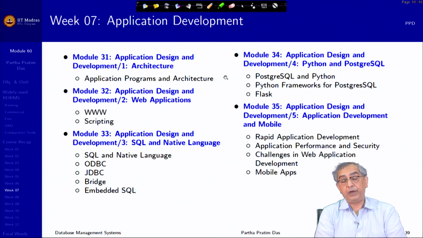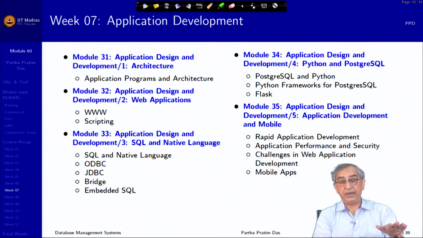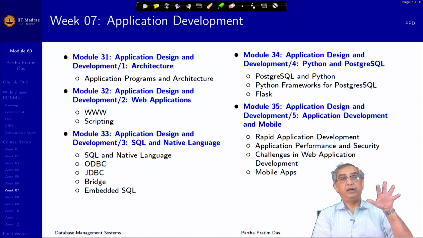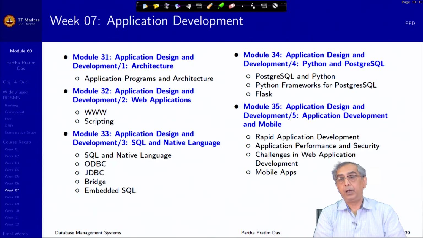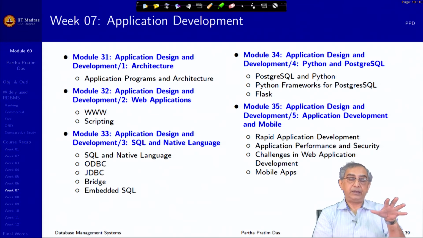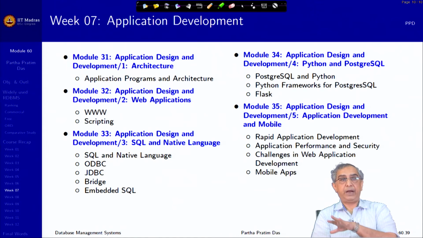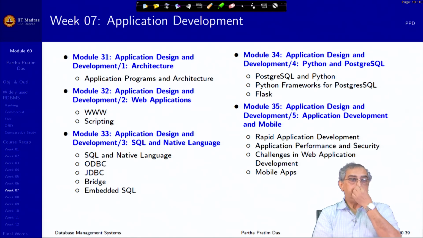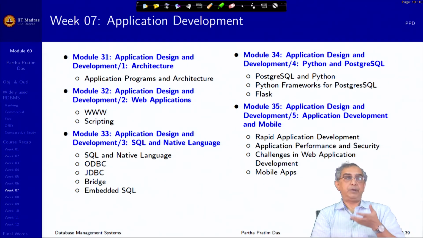Week 7 is where we discuss how to develop applications based on the databases that you have already created, or you are intending to create. So, what does it take to develop an application, how to architect the application in terms of 2-tier, 3-tier or n-tier, what is typically the web application requirements, the mobile application requirements and so on.